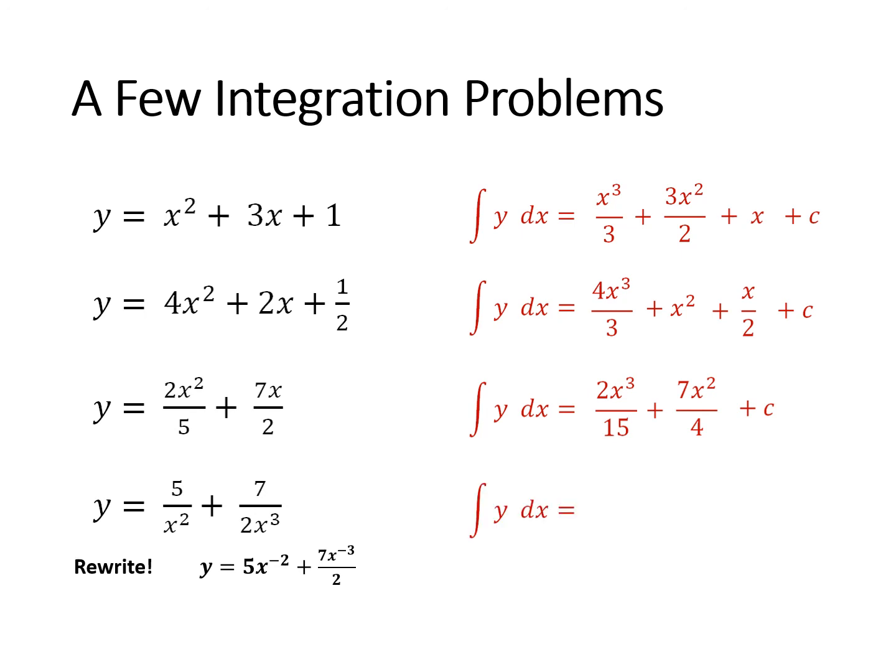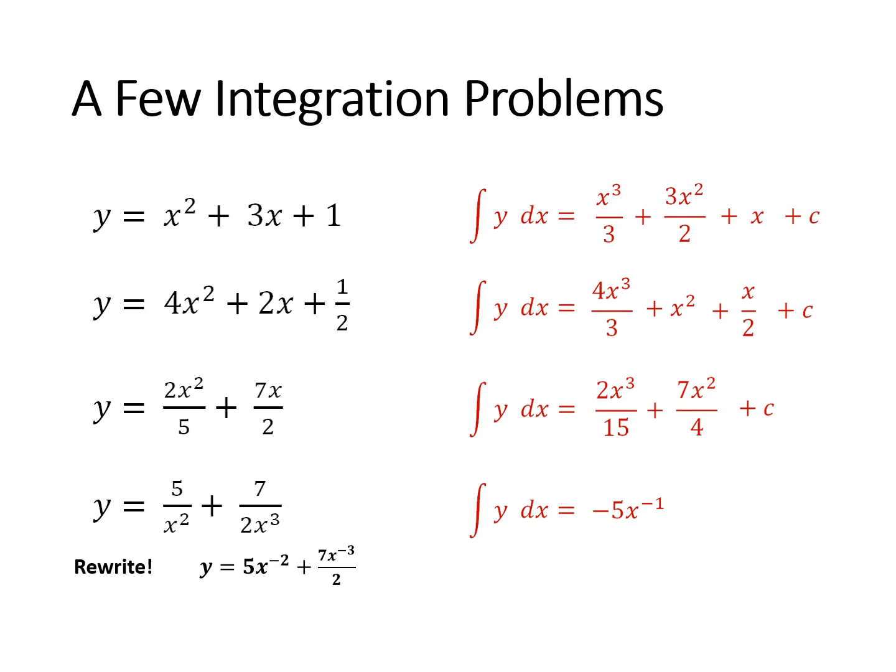First of all, we write integral of y dx equals, and then we need to increase the power of x. It becomes 5x to the minus 1, and then divide it by that new power. So we divide by minus 1. So this changes the whole sign of the term, so it becomes minus 5x to the minus 1.